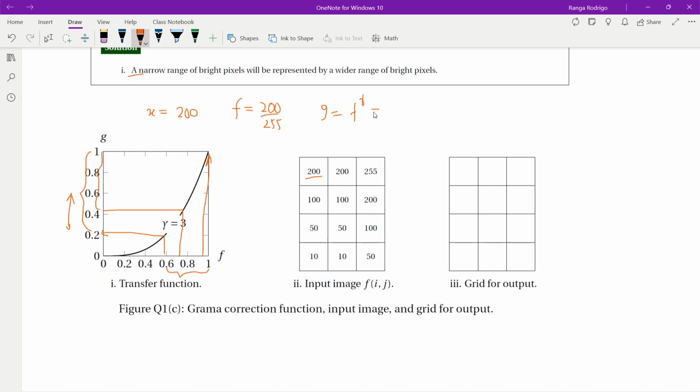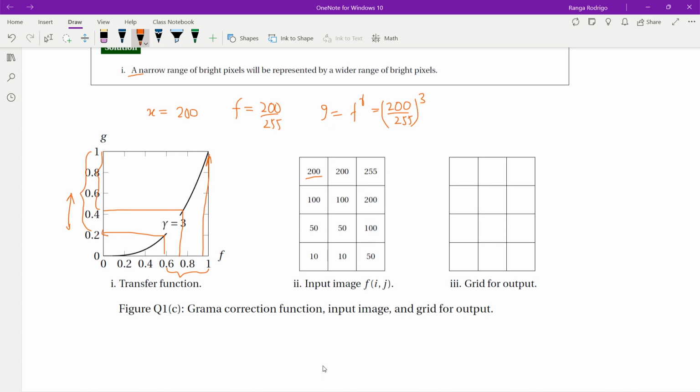So g is equal to 200 divided by 255, to the power of 3, because gamma is 3.